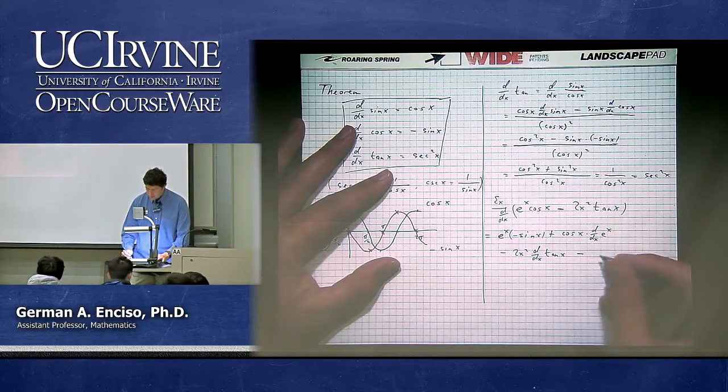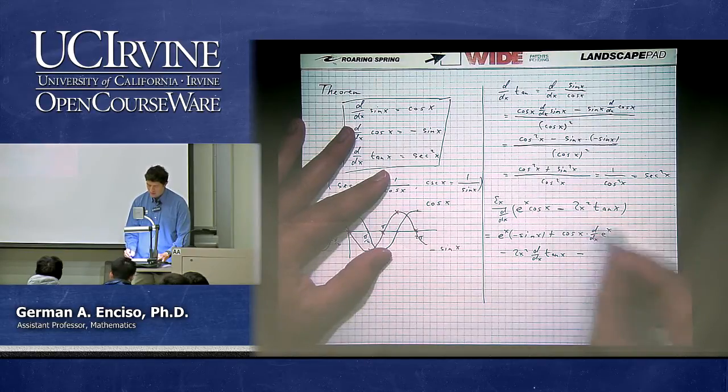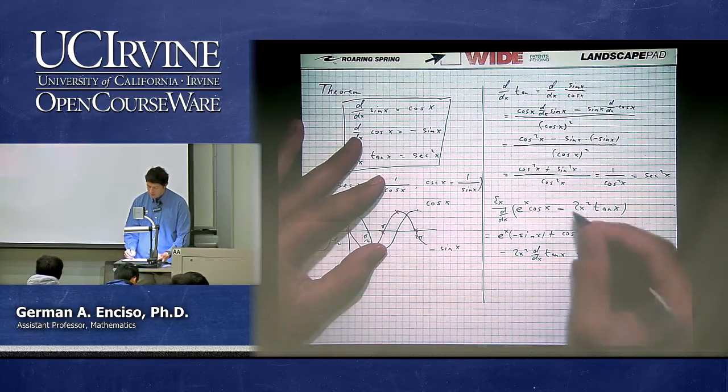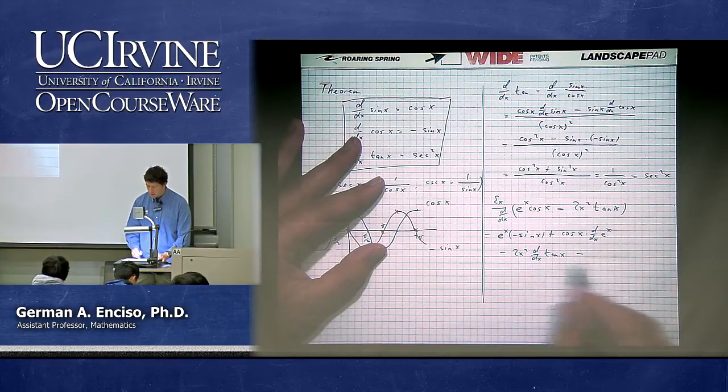Minus. It's a minus. Why is it a minus? Because I'm derivating this thing, I'm splitting that derivative into a sum, so it's minus a sum inside of a parenthesis. When I get rid of the parenthesis, I get minus all over the place.